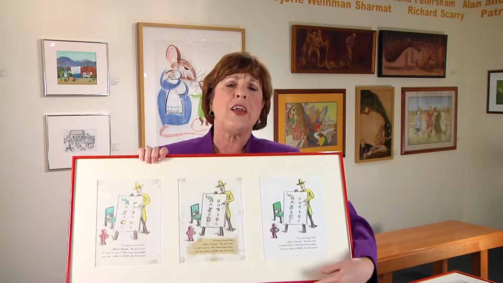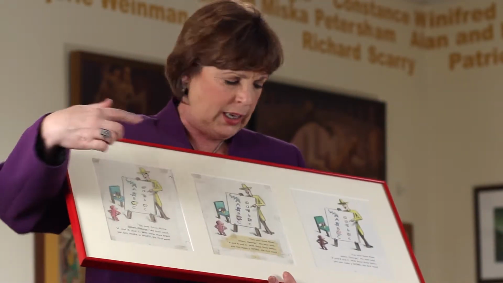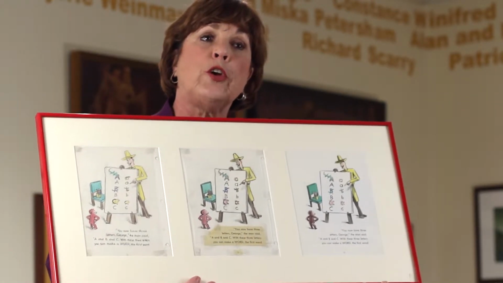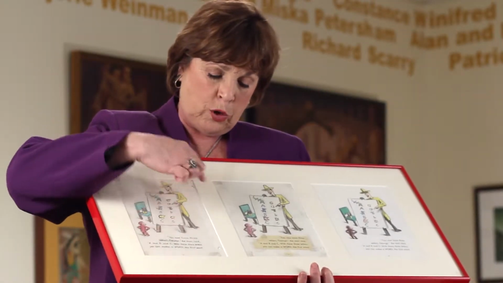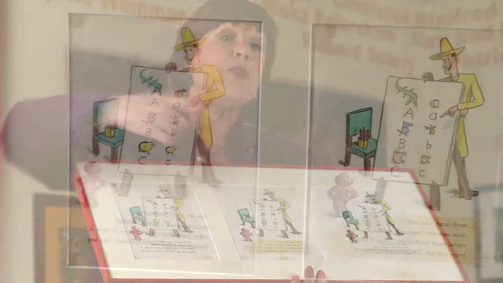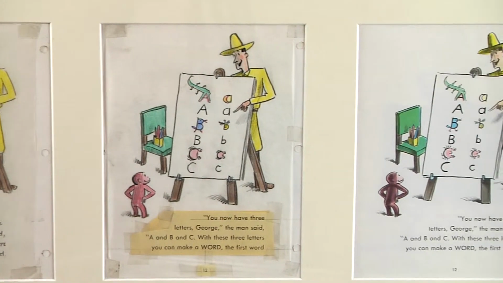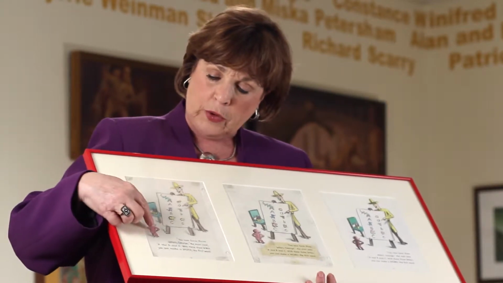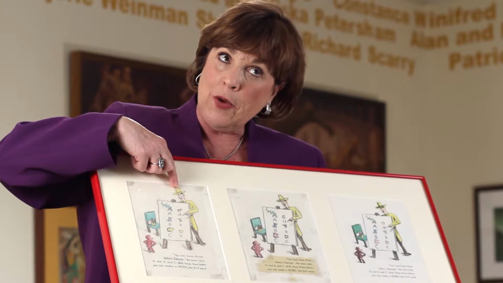Another thing I'd like to show you that's in the collection is just how H.A. Rey would experiment. We have here several little illustrations that he did for the book Curious George Learns the Alphabet. You can see even notebook holes on the side because he was just sketching this on notebook paper. And right here he had actually written the text in his own hand. And of course here's George, and here's his friend, the man with the yellow hat.